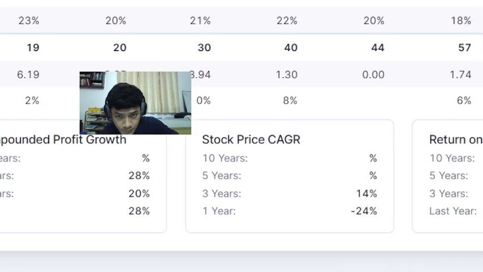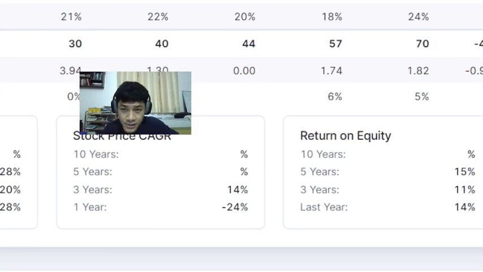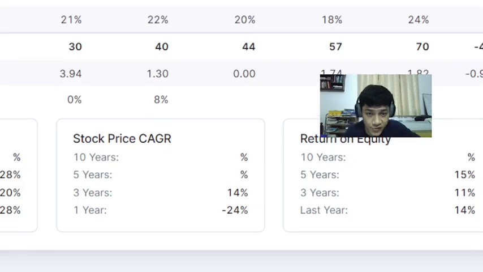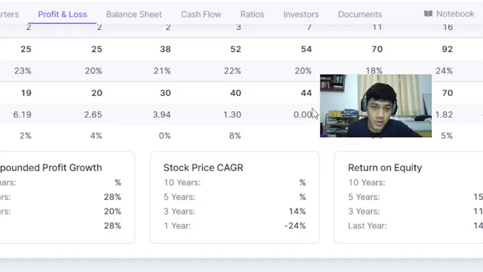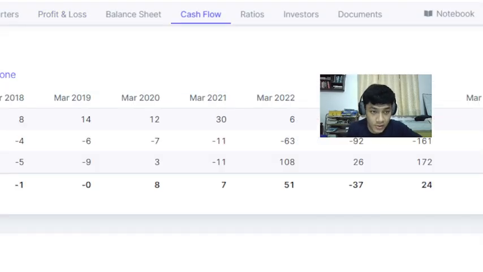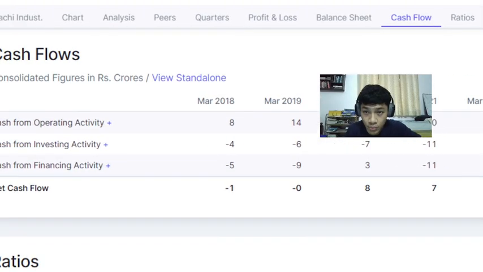All right. Then return on equity was 15% 5 years ago, 11% over the last 3 years, and last year was 14%. So, okay, that's all right. Finally, if you want to take a look at this, this is cash flow from operations.